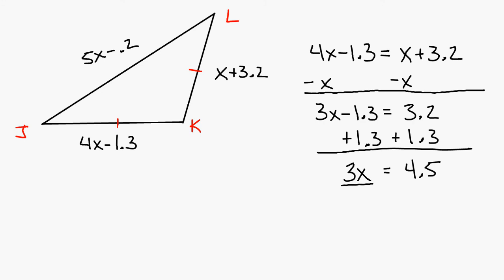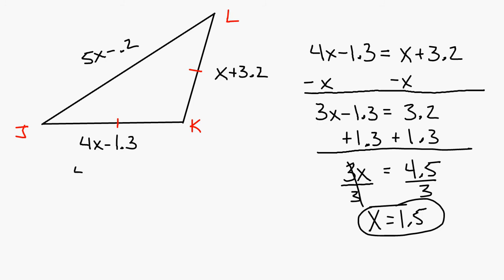Divide both sides by 3. And x equals 1.5. Once you know the value of x, then you can substitute it back into each of the expressions. And you've only got to substitute it into two of the expressions, because JK and KL are congruent.